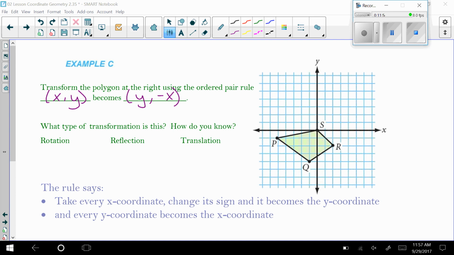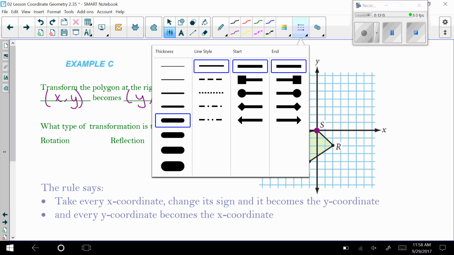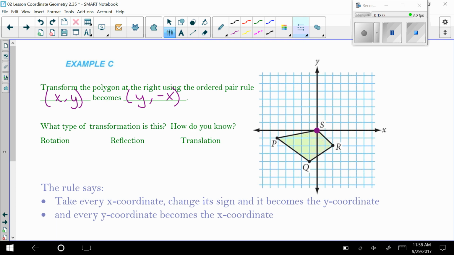First, let's look at point S. Point S is at (0, 0), and S prime is going to stay at (0, 0). Next, point P, which right now is at (-5, -1).